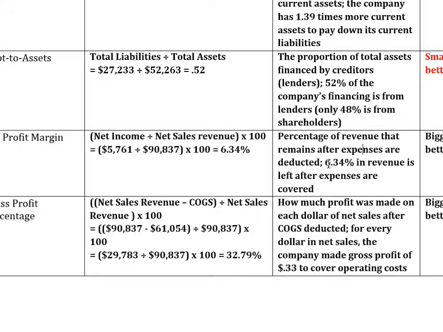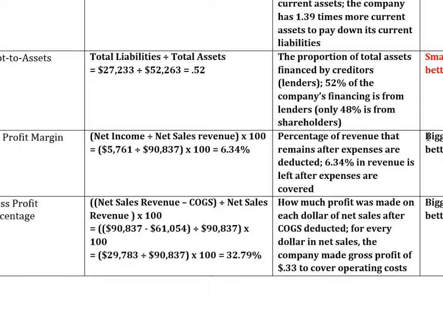So this tells us that 6.34% of our revenue is left after expenses are covered. So for every dollar in net sales revenue, we get to keep 6.34 cents. Obviously, we would want to keep more in our profits if we could.